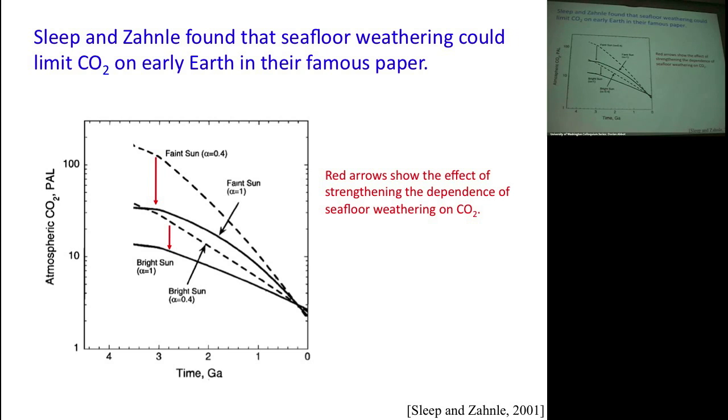I'm going to wrap up, but basically, Kadoya and Tajika have made similar arguments for early Earth, and they find that if you have a stronger relationship of seafloor weathering on CO2, it gets a lot harder to get the CO2 high on early Earth, the faint young sun problem.